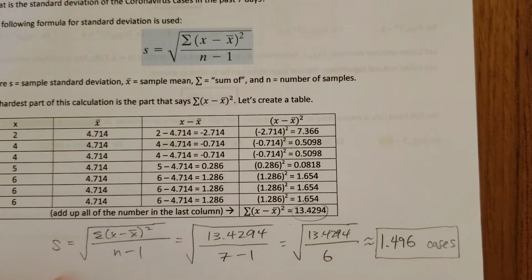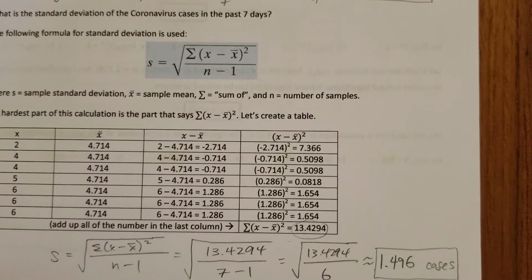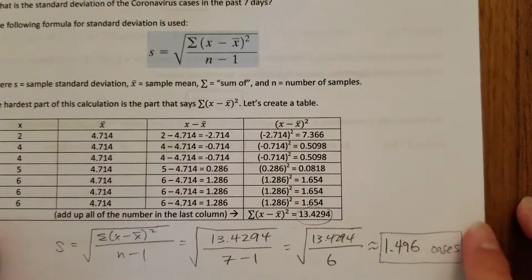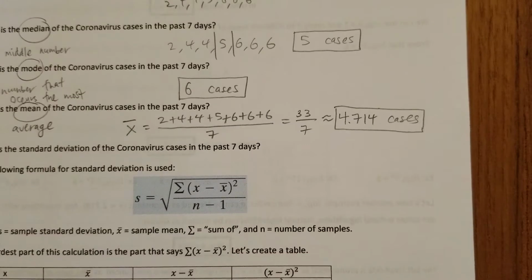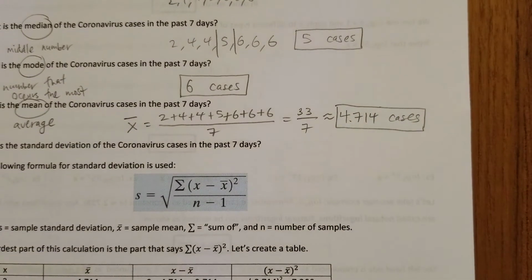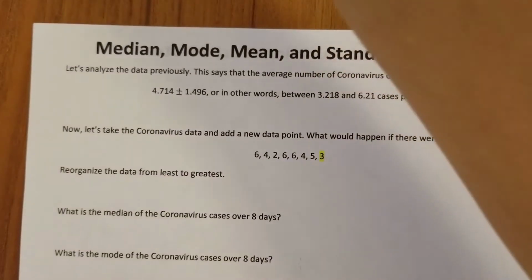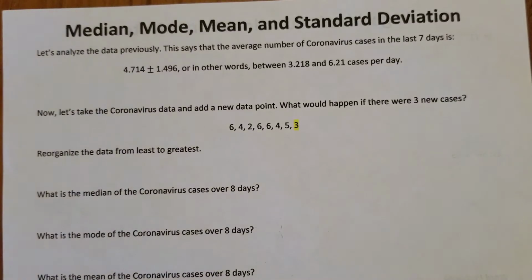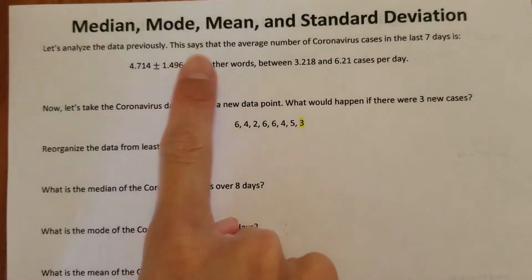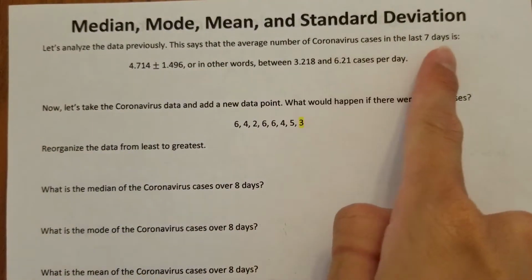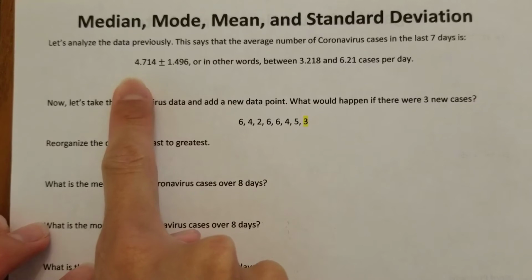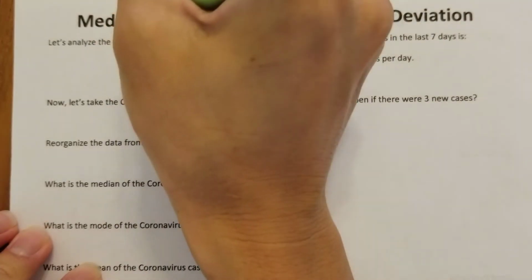Now what I want to do is explain how the standard deviation compares to the mean. On the next page, it said let's analyze the data from previously. We said the average number of coronavirus cases in the last 7 days is our mean.